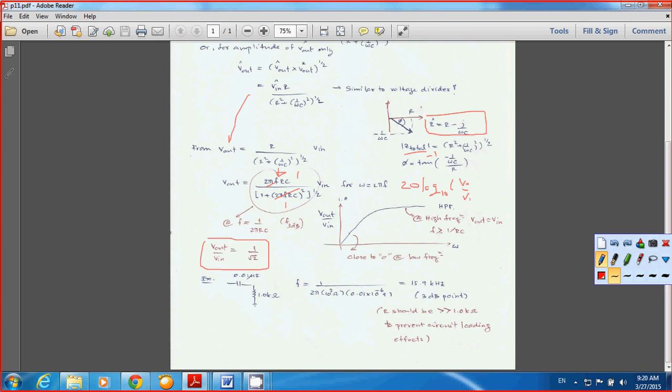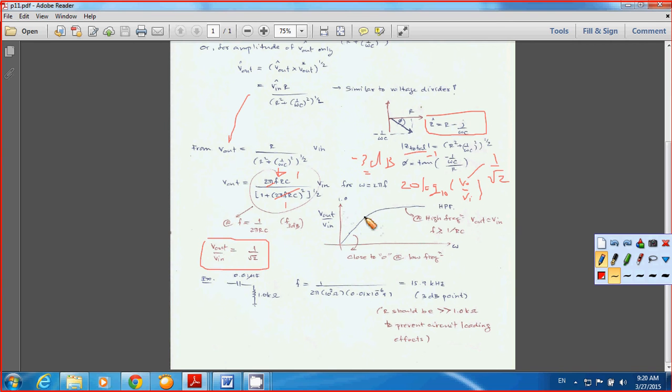That gives you the gain in units of dB, and you plug in the ratio here, 1 over square root 2. You're going to end up with negative 3 dB. Okay, and that defines what we call the 3 dB point.